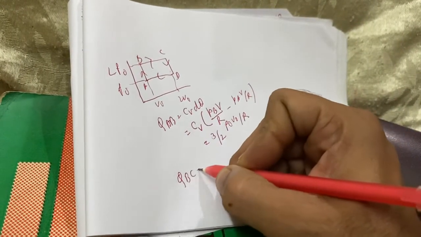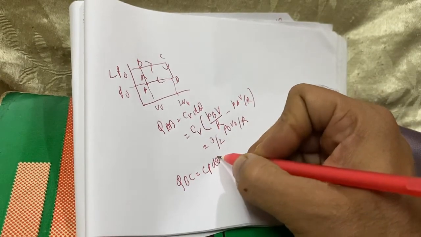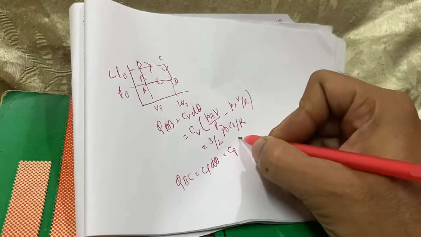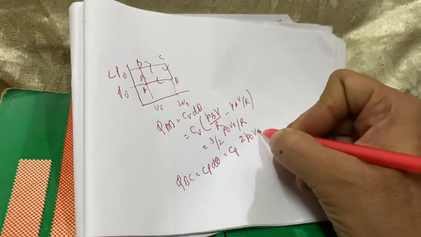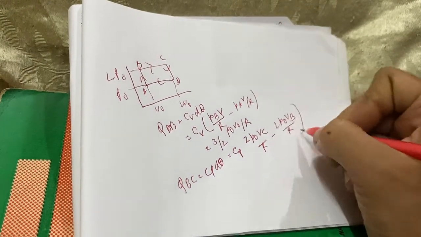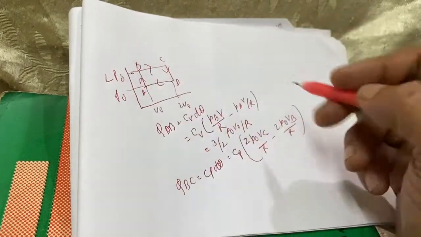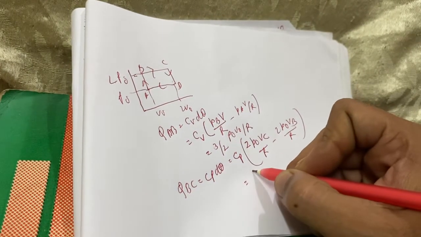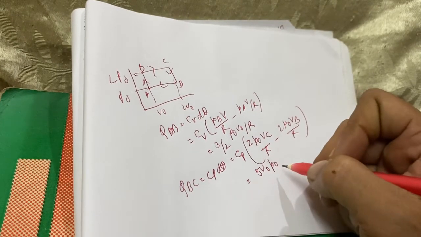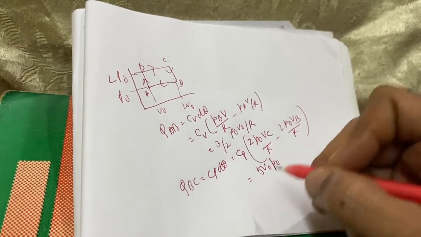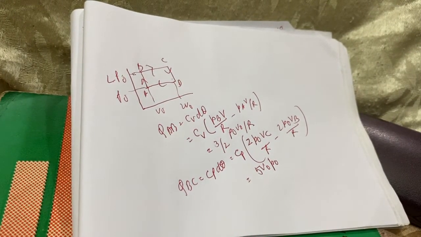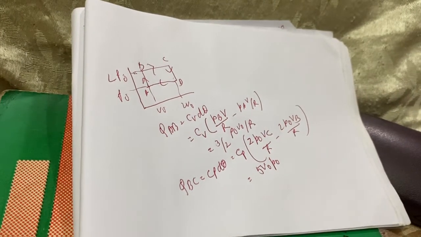QBC is equal to Cp d theta. That means Cp times (twice P0 VC by R minus twice P0 VB by R). At constant pressure 2 P0, from this we get 5 V0 P0. So total heat taken is 3 by 2 P0 V0 plus this.